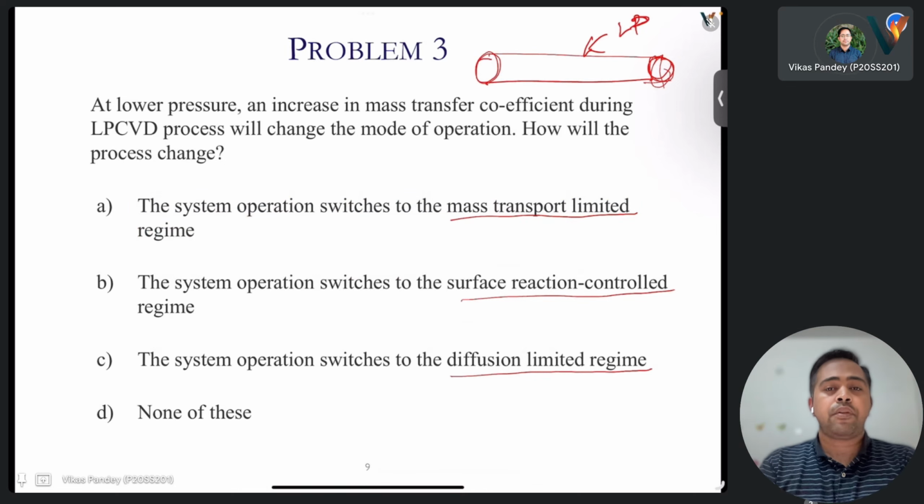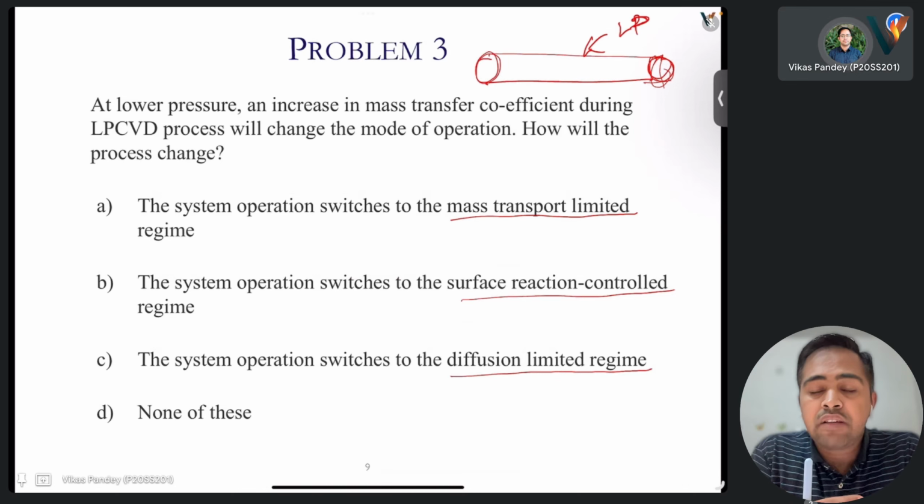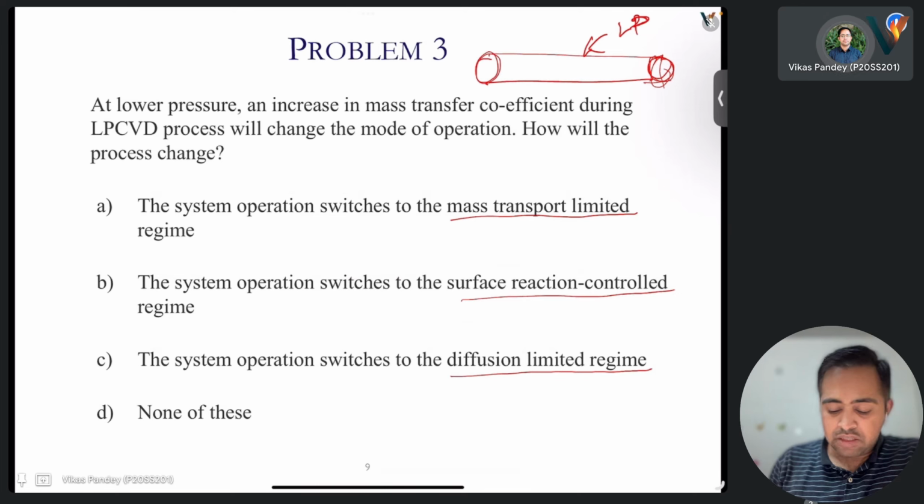Okay, how will the process change in this case? So as the mass transfer coefficient is increasing, more amount of precursor is available, and that is why it will be mostly mass transport limited regime.